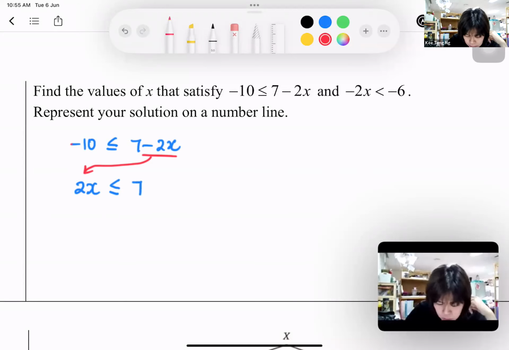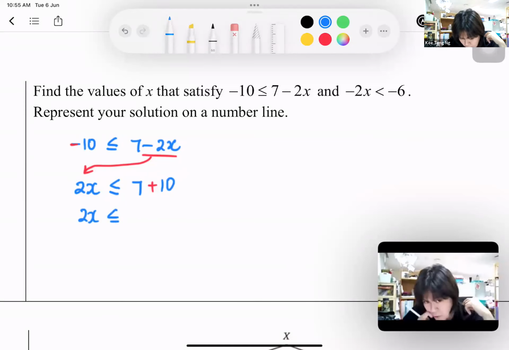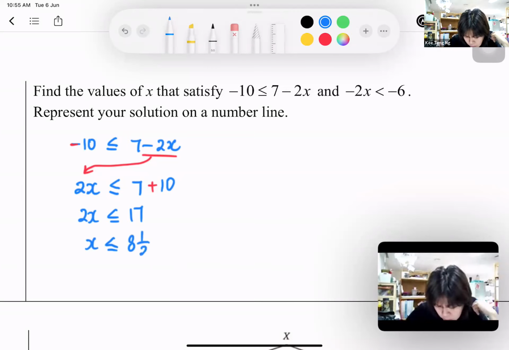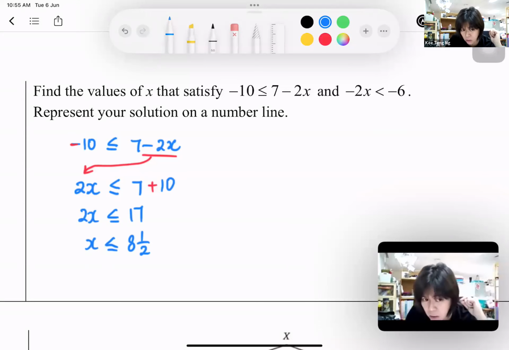Then -10 becomes plus 10. 7 plus 10 is 17. 17 divided by 2 is 8.5. x is smaller than or equal to 8.5.